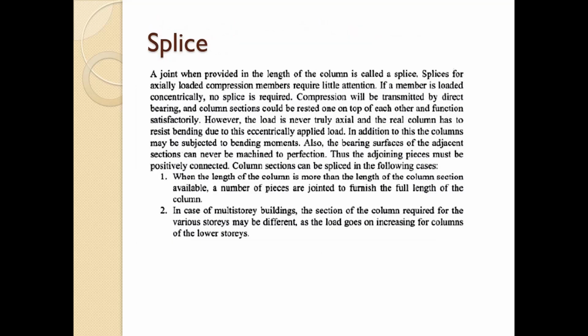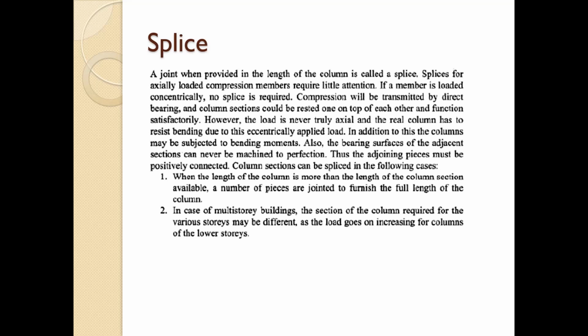Now the splice. A joint when provided in the length of the column is called a splice. Splices for axially loaded compression members require detailed attention. If the member is loaded concentrically, no splice is required. Actually, we are providing the support only to avoid slip of one section from another; otherwise it is not required.